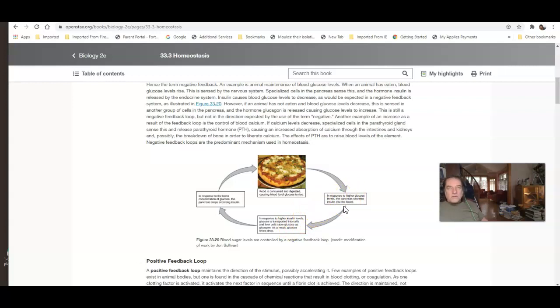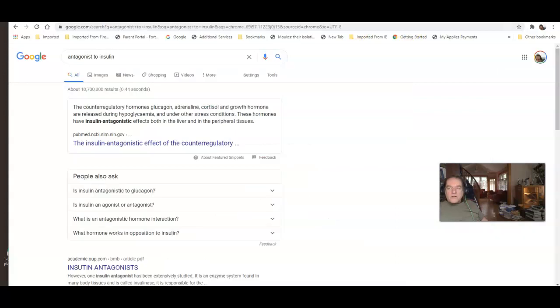There's actually another hormone, which is glucagon, the antagonist to insulin. If your blood sugars get too low in your blood supply, glucagon is released, and that causes your liver to release glucose back into your blood.